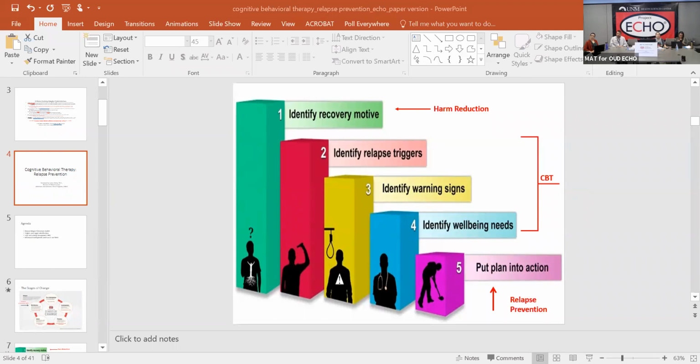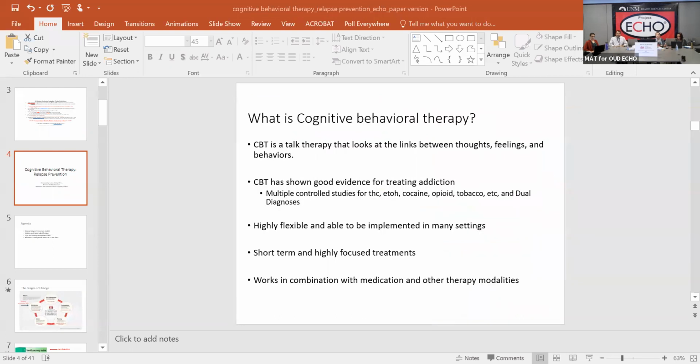But once we're ready to do the active work, both in action and moving into maintenance, that's where CBT has a lot of evidence and really is our heavy hitter and a good go-to for helping folks make positive change. And then once that change is pretty solid, then we enact these relapse prevention skills as part of ongoing recovery tools. So that's the big picture of how we can tie that together.